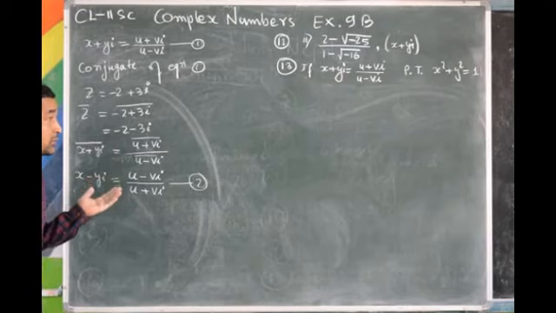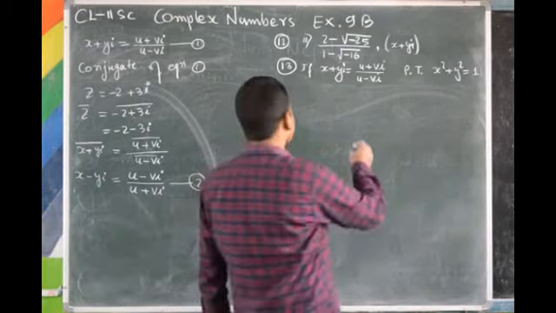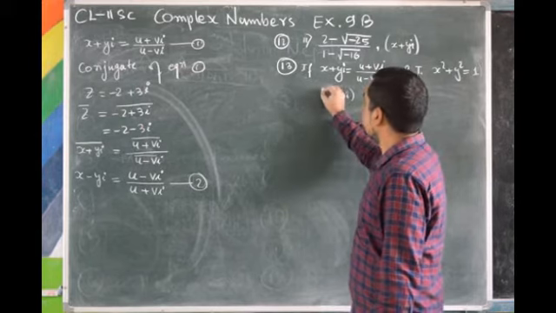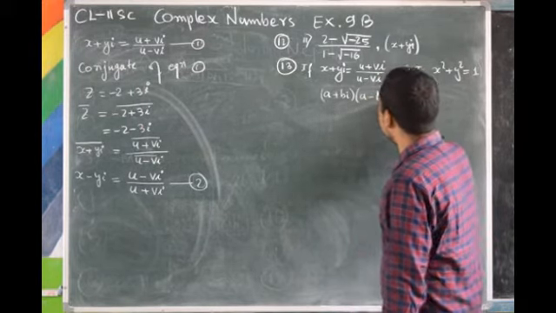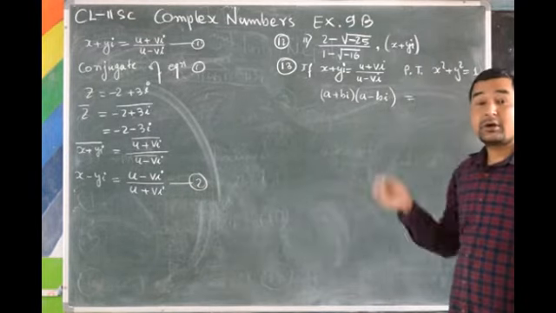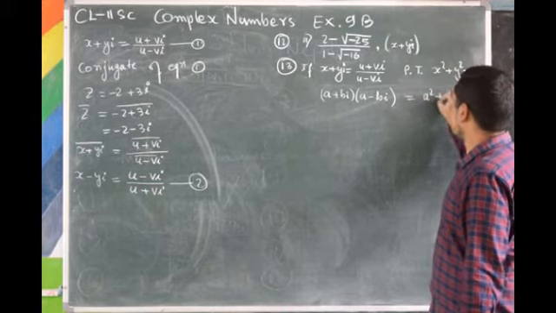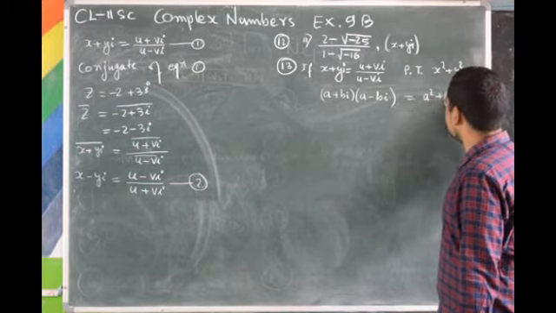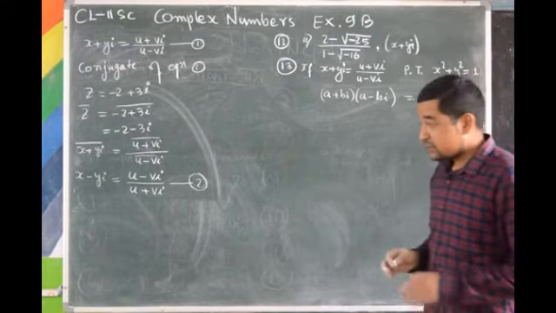Before finding x square plus y square, I will give you the property. Look here: a plus bi multiplied by a minus bi. The product, according to the complex property, is a square plus b square, not y square, a square plus b square.